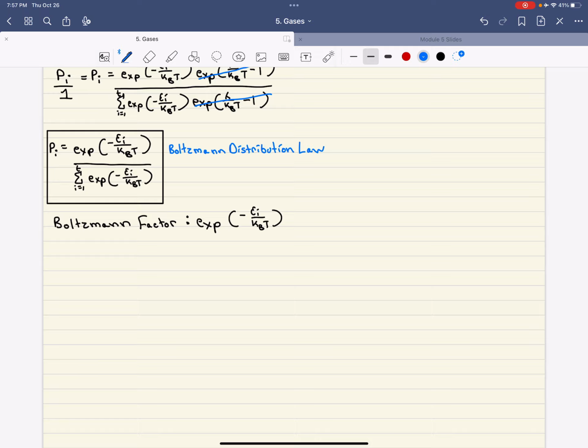And the physical meaning of this Boltzmann factor is that it specifies how particles are partitioned in accessible states.